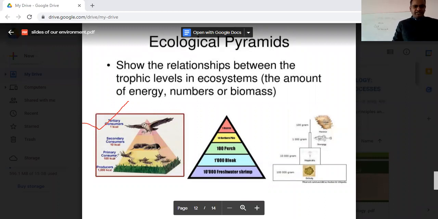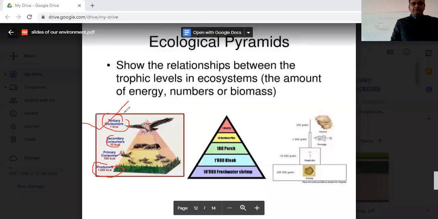Here, you see at the bottom, the producers are there, then followed by the primary consumer, then the secondary consumer, and followed by the tertiary consumer.